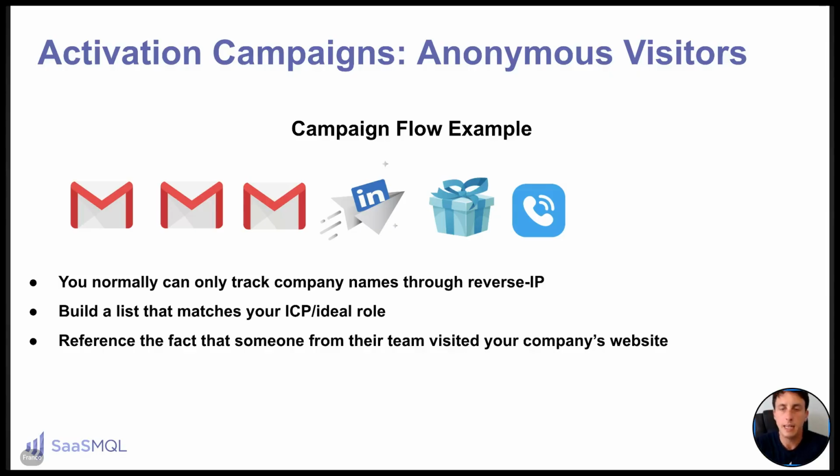And then another campaign that is actually very, very fruitful, very ROI positive, is retargeting anonymous visitors. This is something we have automated, obviously, and we keep track of it across multiple dashboards and multiple reports.